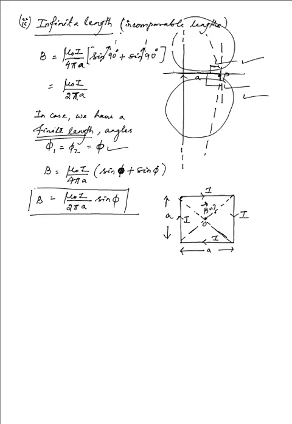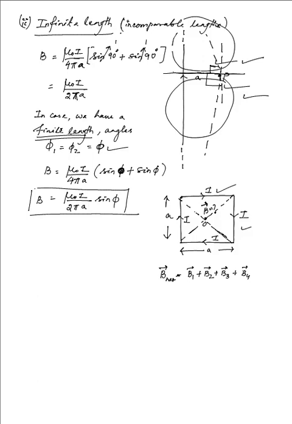Well, I'll give you a hint how you can proceed. Now, because the magnetic field is a vector quantity, due to this wire you'll have a certain magnetic field at this point, let that be B1. Due to this wire you will have a magnetic field at the center, which is B2. Similarly, for the rest of the sides you will have B3 and B4, and this is an easy one, so you can calculate it with ease.